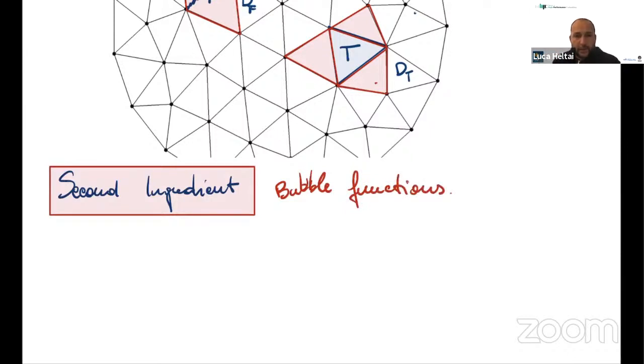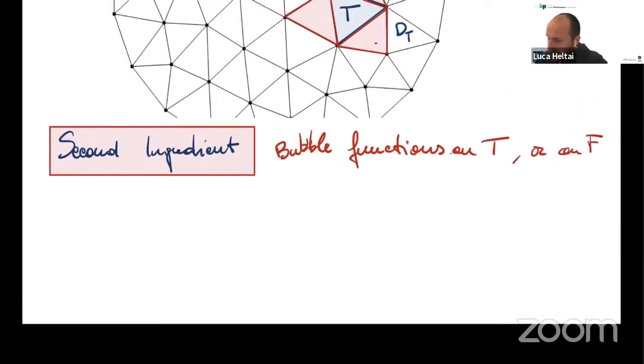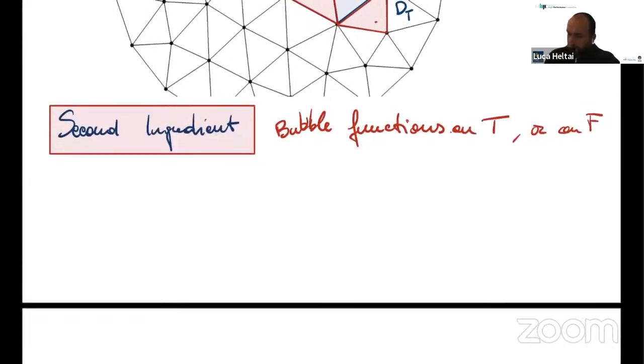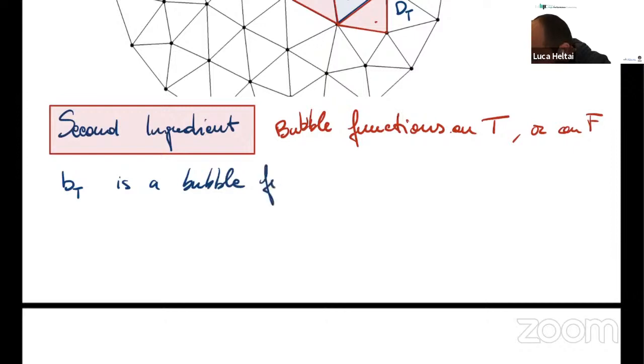Let me just make sure I have all the properties correct. Bubble functions on T or on F. Okay, so how do I define a bubble function? So a bubble function B_T is a bubble function on F.